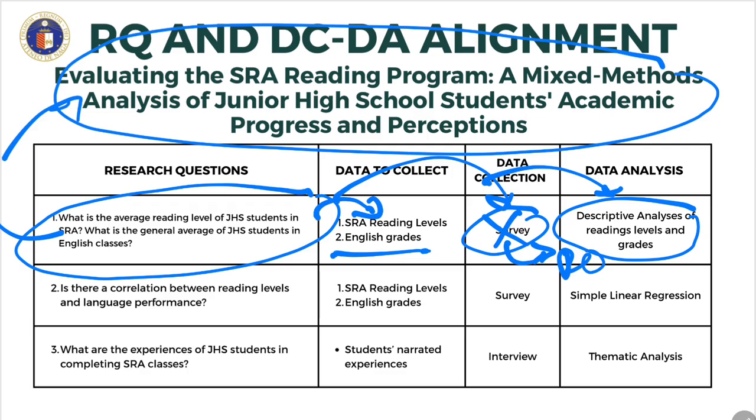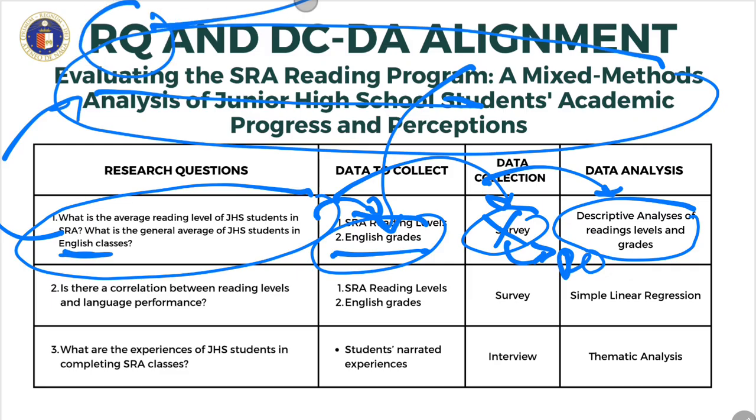Perhaps they might want to include the term English grades, because the grades that you will be getting will be only from the English classes. So this section would be very important for panelists in order for them to help you align your study. Your research question and your data collection and analysis should all be aligned.